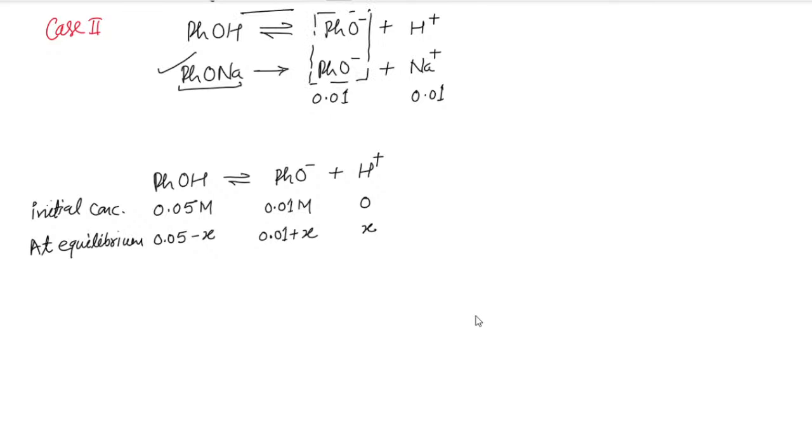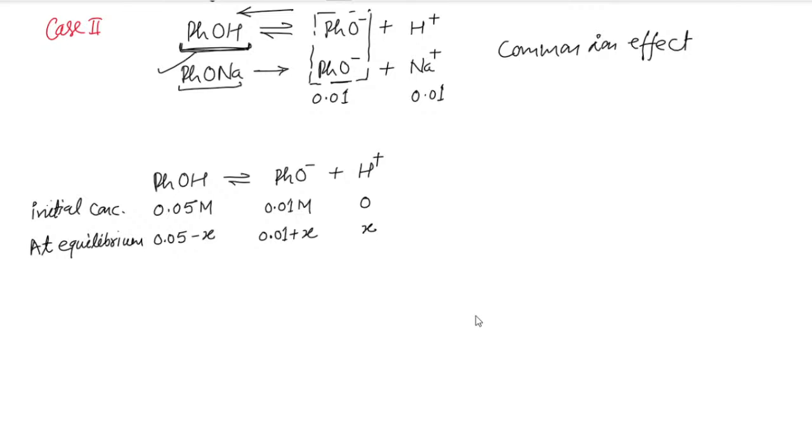Because phenate is common, one of the products, equilibrium shifts backward. That means dissociation decreases, because dissociation of phenol is further suppressed due to the presence of phenate ion.